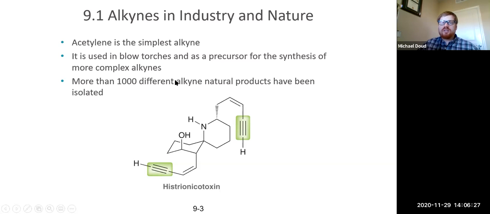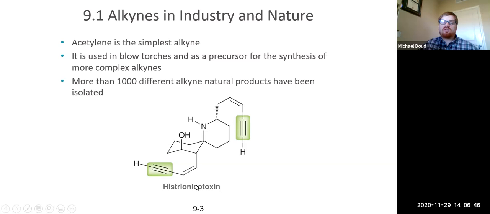Now, they are also present in biology, but not to the extent of alkenes and definitely not alkanes, because these alkynes are very high energy compounds. So they tend to react rather than be available in a biological setting. This is an example of one of those.